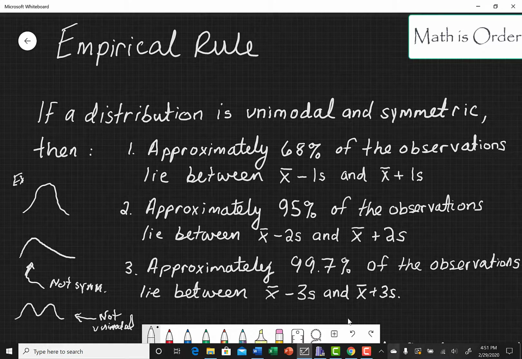All right, so only this curve here is bell-shaped, or unimodal and symmetric, right?